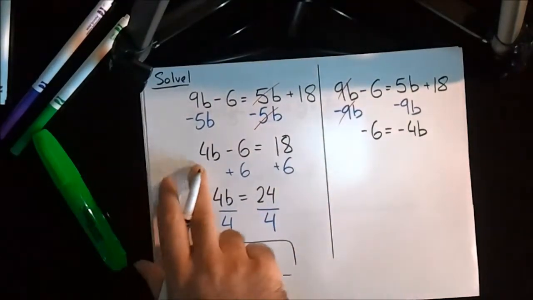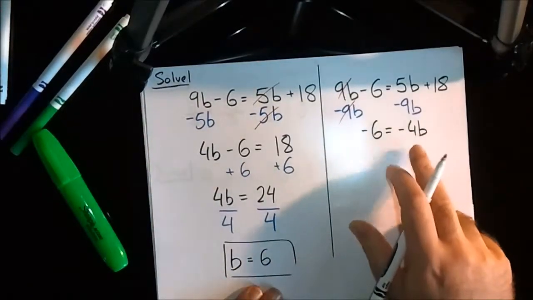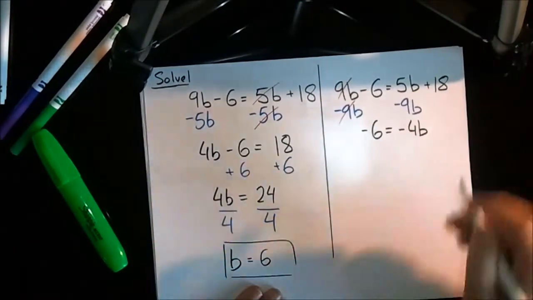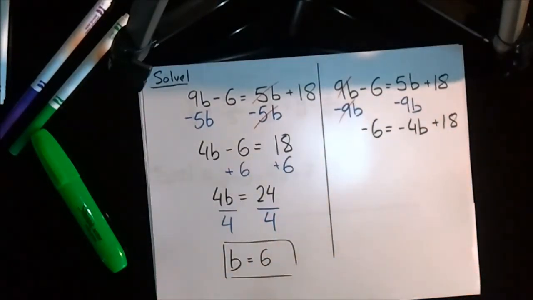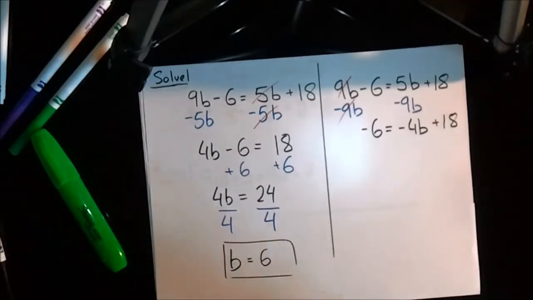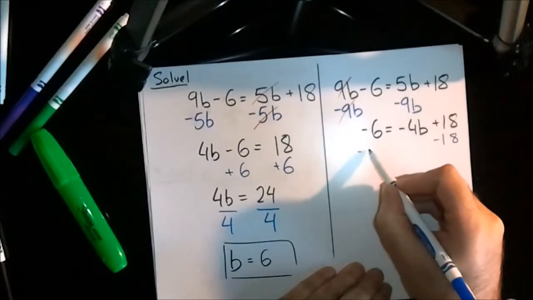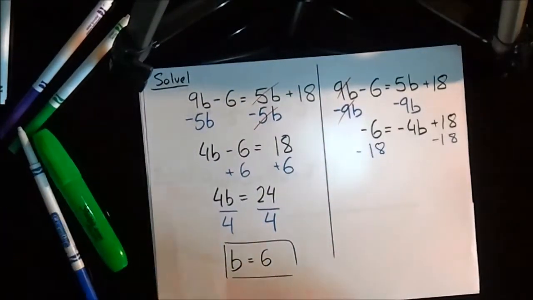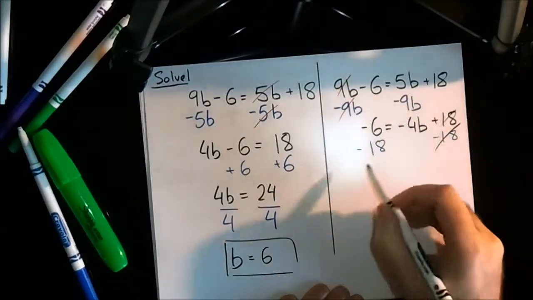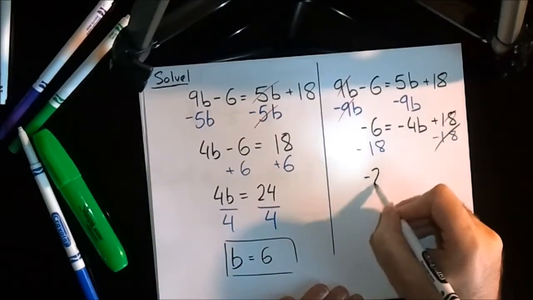So here I always get a positive variable term when I go with my method. Here you almost always end up with a negative variable term. Then I'm going to solve this just like any other two-step equation. Plus 18, I'm going to deal with that by subtracting 18 from both sides, which here that's gone. Here it yields negative 6 minus 18 is a negative 24.